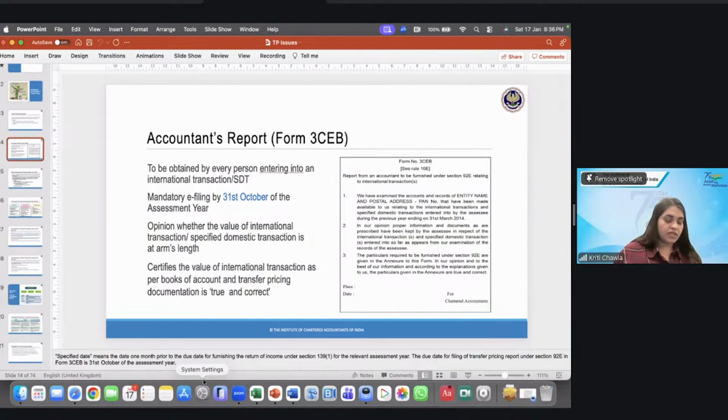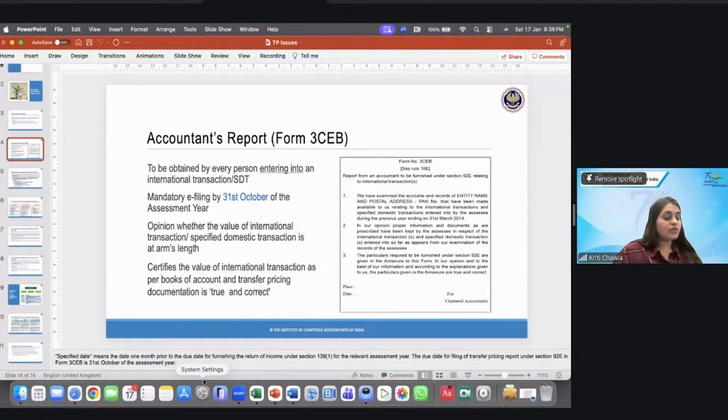So whatever international transactions you've undertaken with whichever associated entity, you will aggregate the amount and put it there. Then it will ask for the details of the associated enterprises. It will say what is the name of the associated enterprise, what is the country, what does the associated enterprise do, and under which clause is the associated enterprise associated.